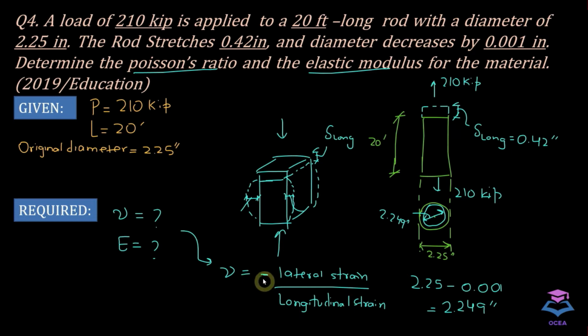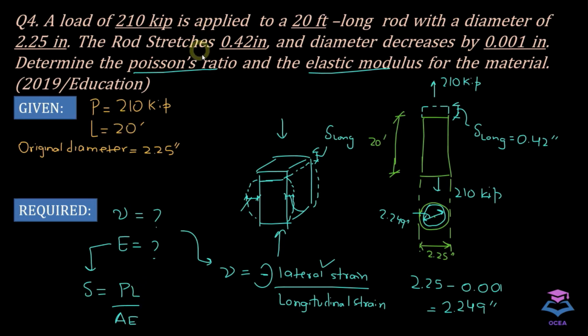This negative sign indicates that if lateral strain is increasing, longitudinal strain will decrease, and vice versa. Modulus of elasticity is basically the ratio between stress and strain, but here we are going to use the relation delta equals PL over AE.